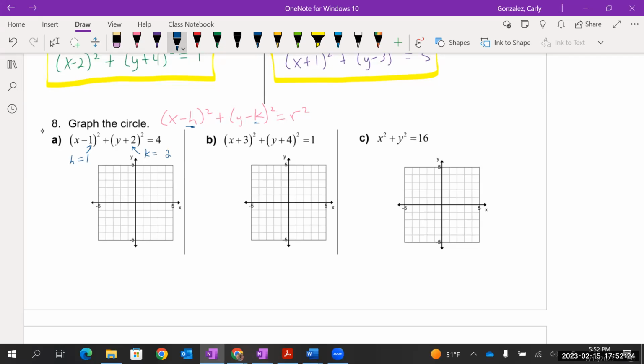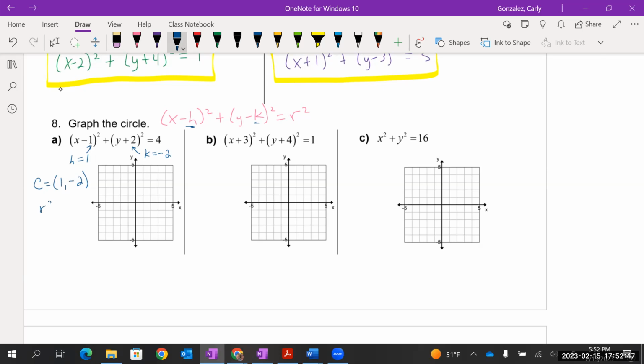But if it was just a regular 2, then it would be y minus 2. So in order to get it to be plus, the k needs to be -2. So that means the center is at the point 1, -2, h, k.